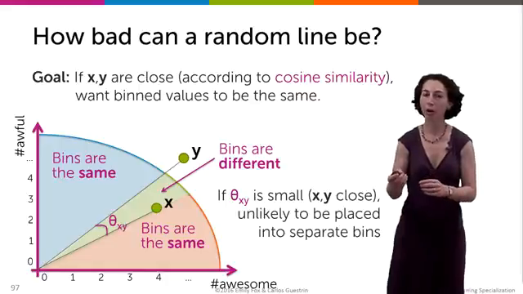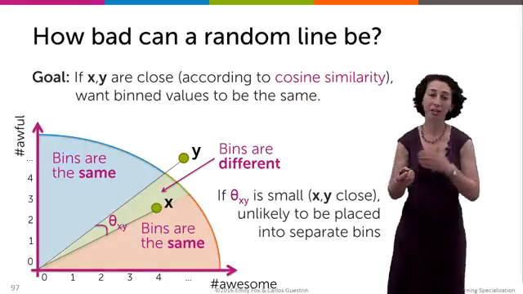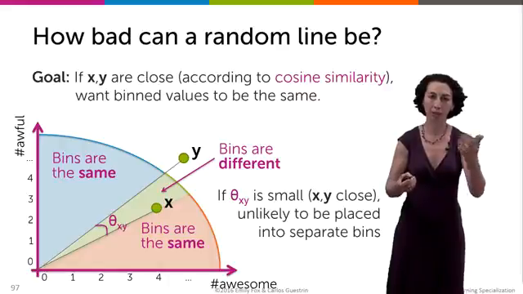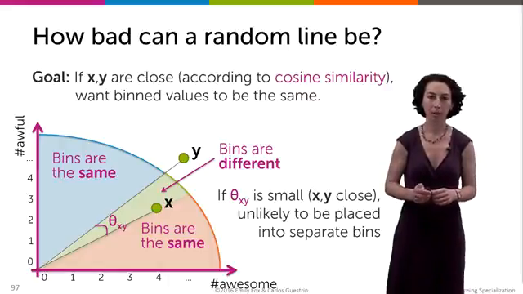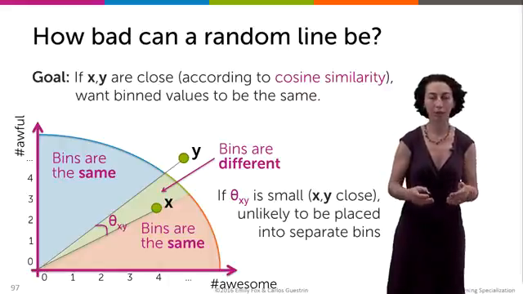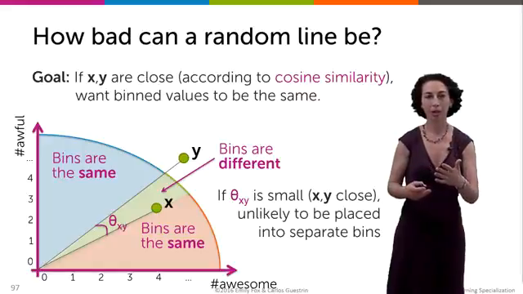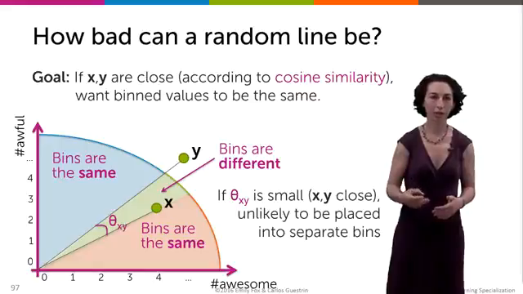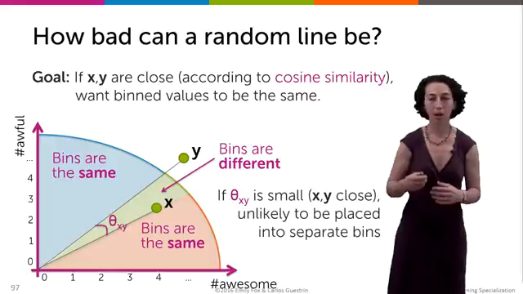If x were our query, then we wouldn't find its nearest neighbor, y, which was in some other bin. So in summary, this idea of just throwing down a random line is actually not that crazy. We're saying that it provides good performance in terms of a probabilistic statement of providing exact nearest neighbors for lots and lots of queries.